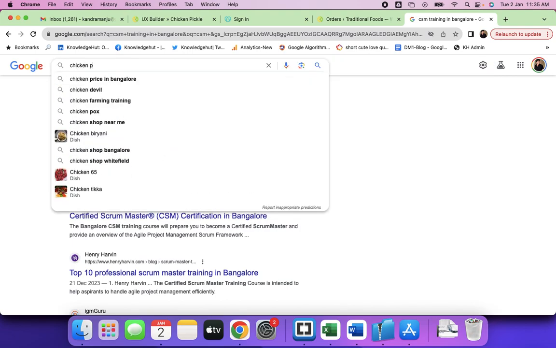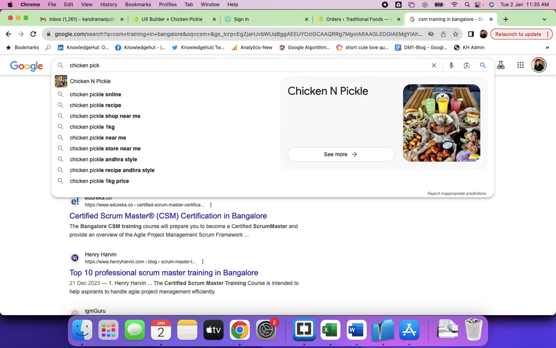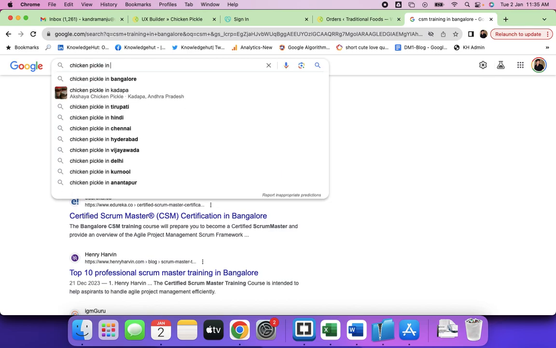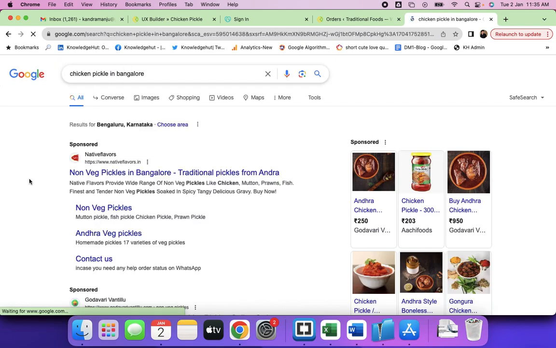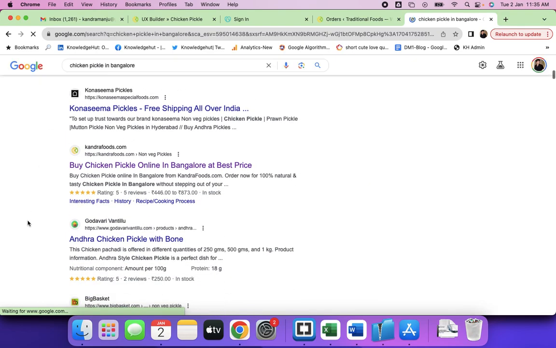So now look at this: chicken pickle in Bangalore. Look at this, the price information. A bot would never have displayed this information on Google without a schema implementation. Now this person has not implemented it.